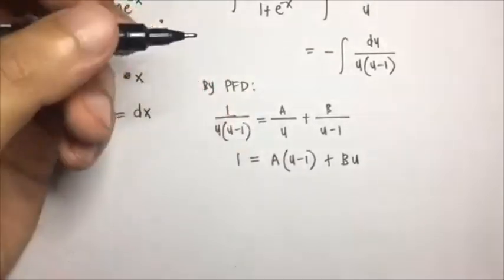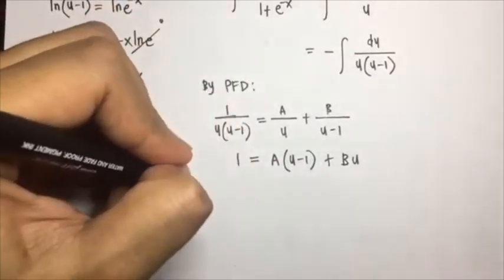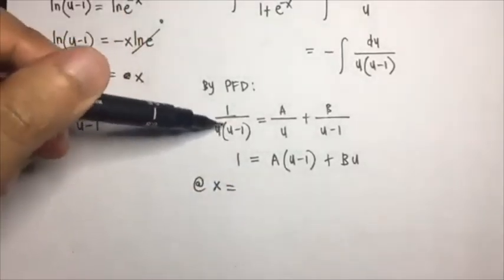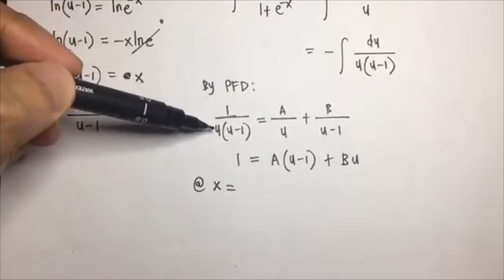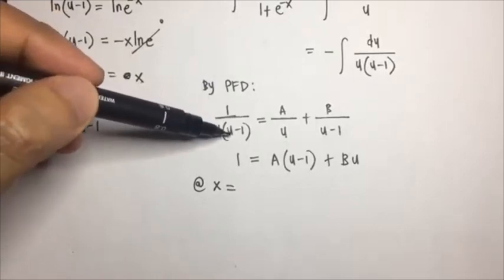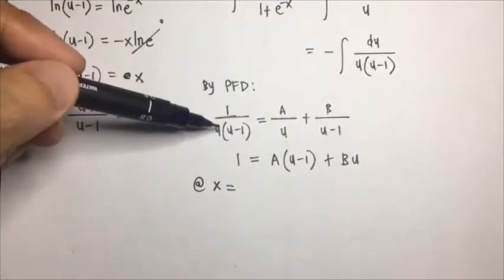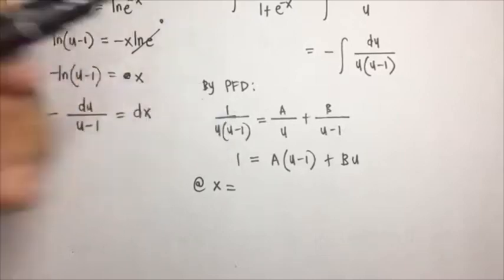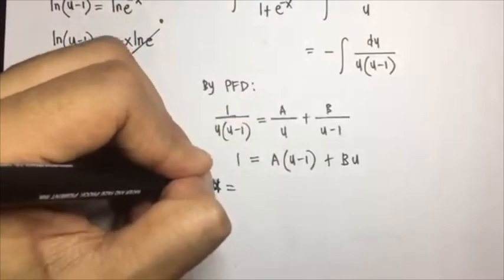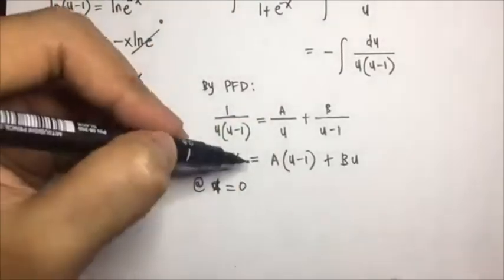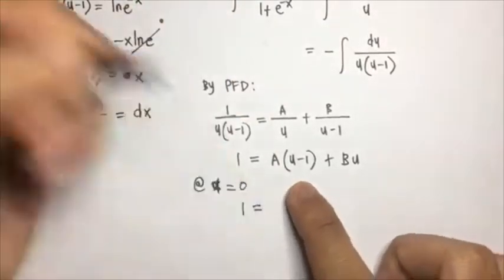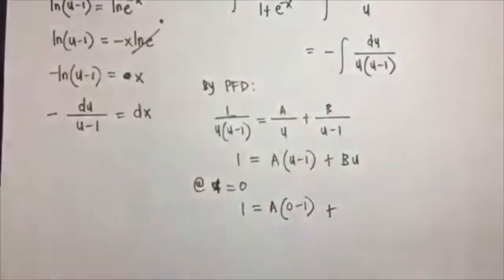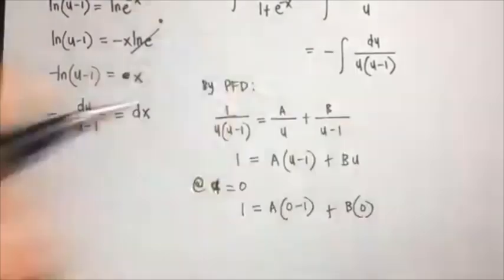First, we need to equate the factors to 0, so we will have u is equal to 0 and u minus 1 is equal to 0, so we can use two values: u is equal to 0 and u is equal to 1. At u is equal to 0, this becomes 1 is equal to a times 0 minus 1 plus b times 0.